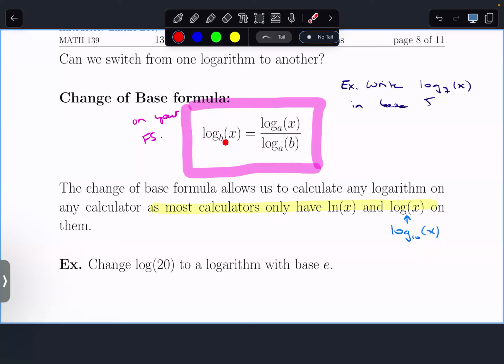I can let my b be 7. So then I get log base 7 of x is log base 5 of x over log base 5 of 7.